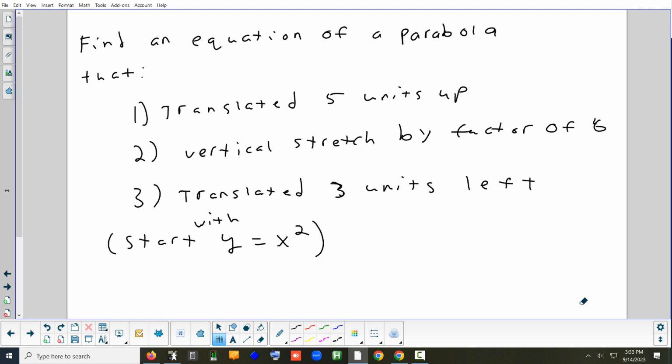Translated which way? So the up and the down, that vertical shift, that's always the last thing you do. So that's going to come at the end. So we'll save that for the end, for the last part. So which one do you think we handle first? The vertical stretch or the translate 3 units left? Translate? Yes, we do the translation left and right in this problem first.